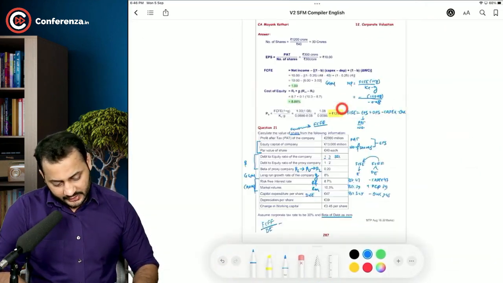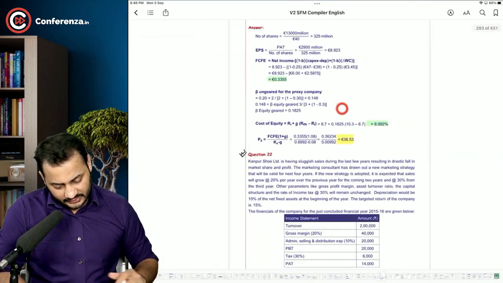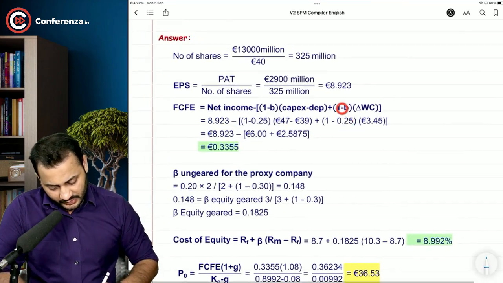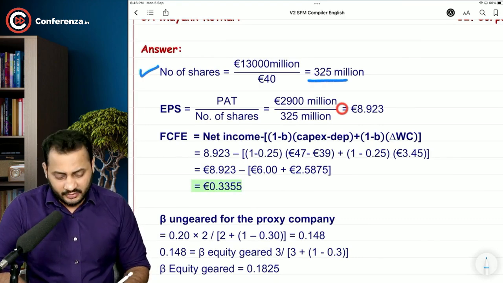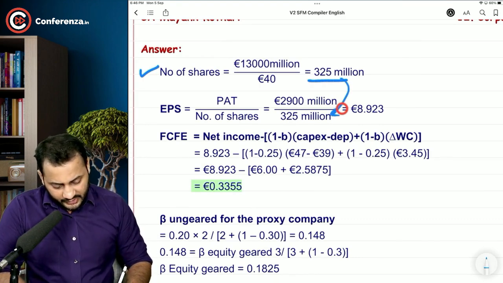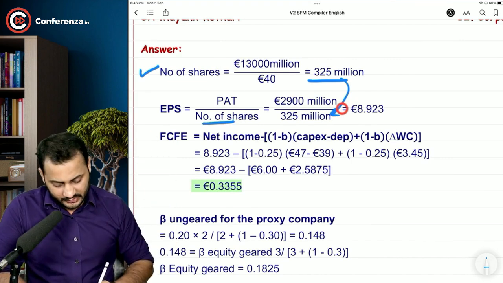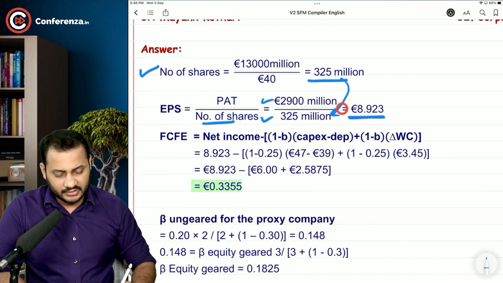Now I'm just going directly to the answer so that I can explain the answer along with this. See, first we calculated the number of shares, that is 325 million. We put that number of shares here in order to calculate the EPS. So profit after tax divided by shares, this is our EPS.